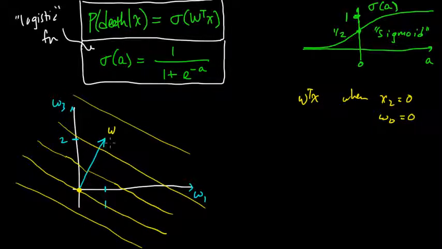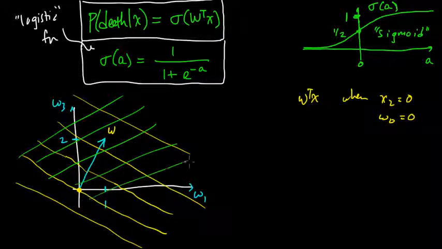It's going to be bigger than 0. And when it's minus w, then you're going to have minus w transpose w, so it's going to be negative. In general, when you're on the right side here, it's going to be positive, and when you're down here, it's going to be negative over on this side.